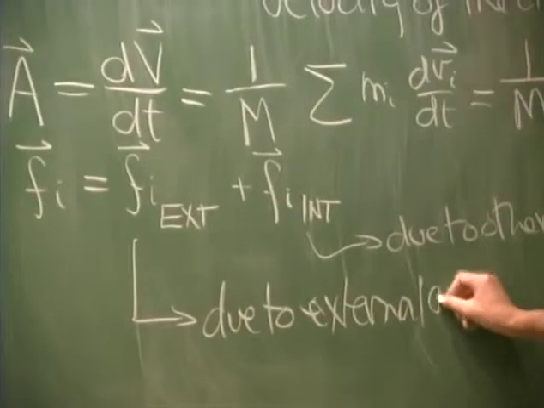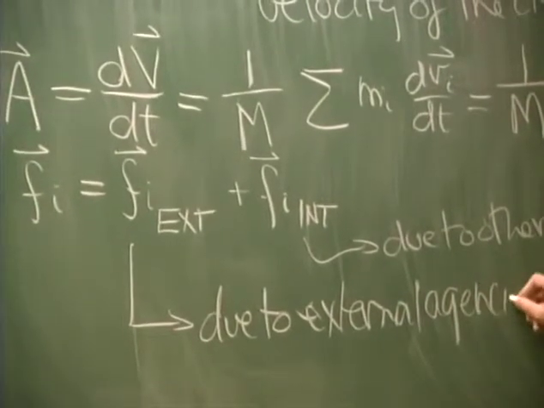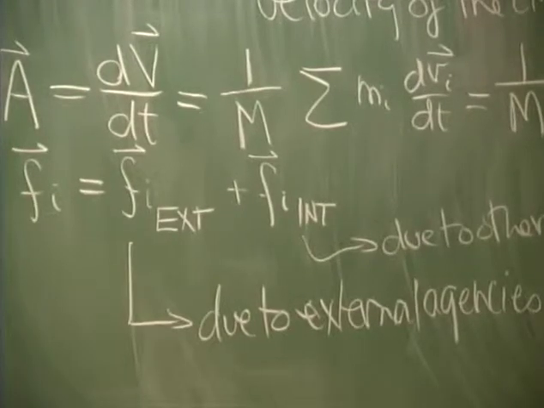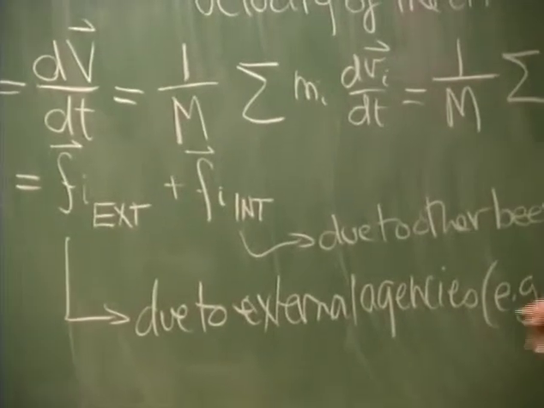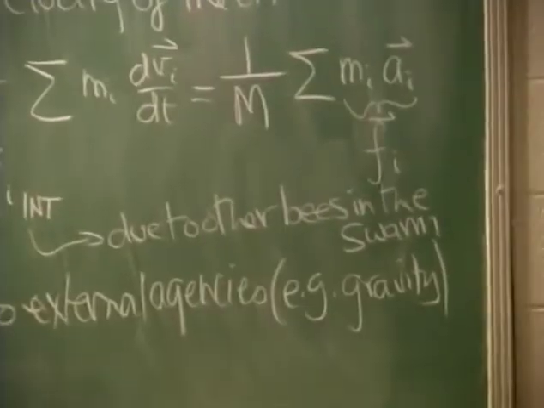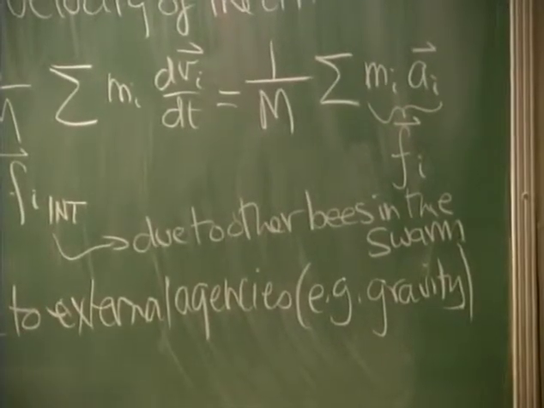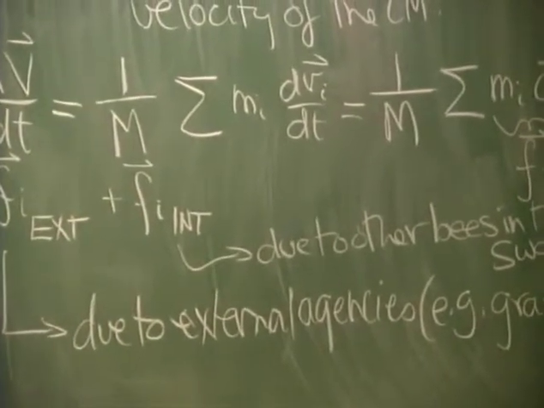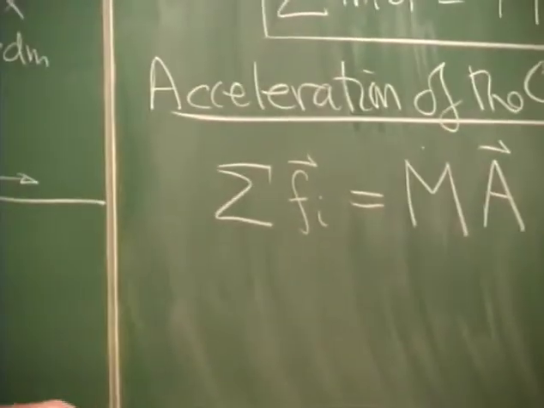Due to external agencies, for instance, gravity. I'm not talking about the tiny gravitational attraction of the different bees, the attraction of the Earth. Why is this a convenient way to chop up the total force? Because what I had to calculate over here was the total force.